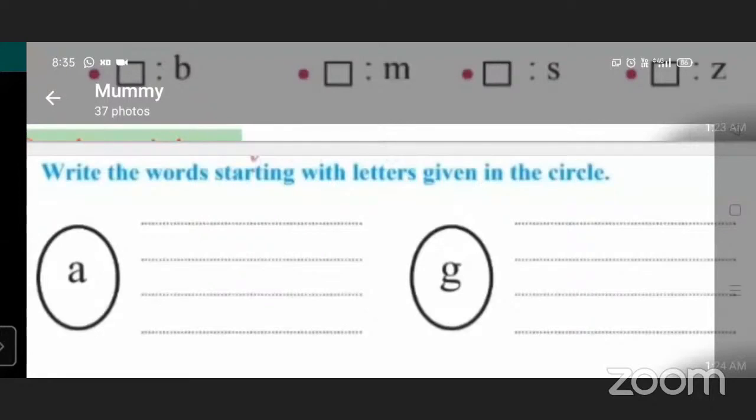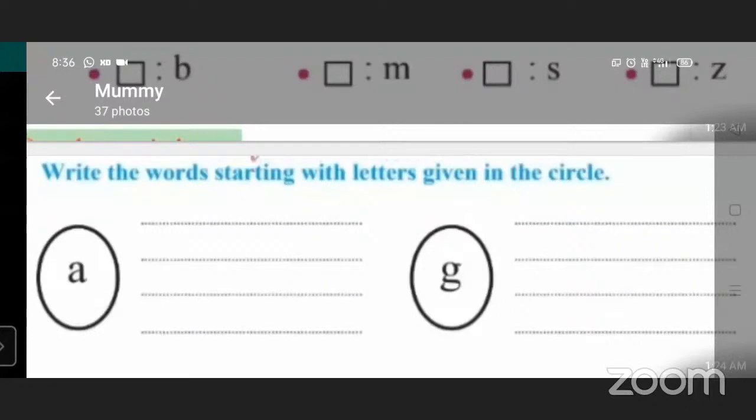Okay, students. Now next letter is G. Grapes. Very good. Next. Goat. Okay. Grapes, goat, and grass.